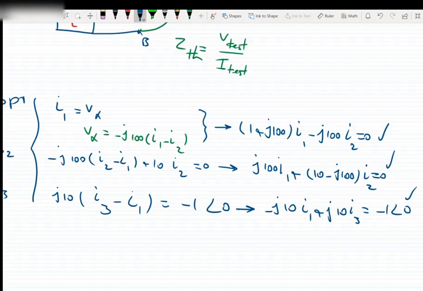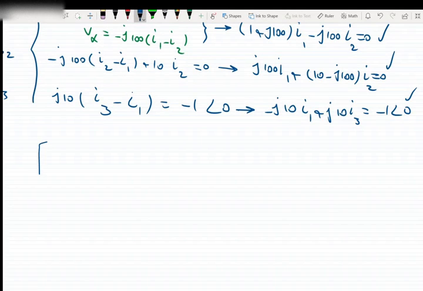Now that we have these three equations, let's put them in matrix form.